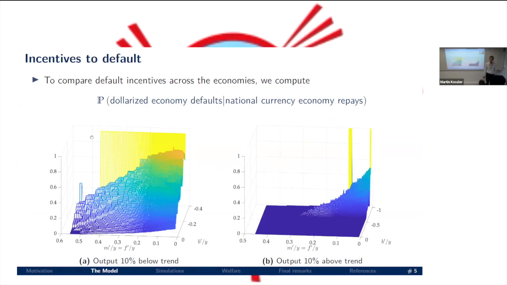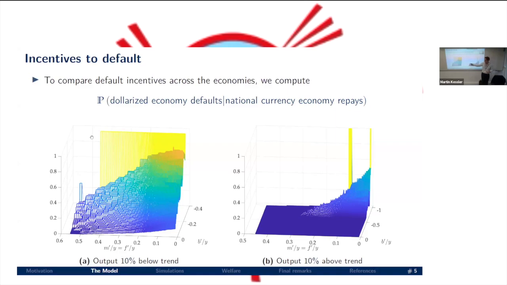We compute this object, which is quite a big object, but it's the probability that the dollarized economy defaults, given that its counterfactual national currency economy would not have defaulted, would have repaid the debt, okay? So for now, let's consider two output levels, a low output level and a high output level.